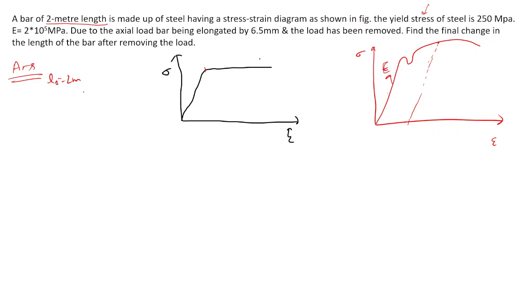Here it is given that the yield stress of the steel is 250 megapascal. This is the yield stress, so this will be 250 megapascal. And the Young's modulus is 2 into 10 to the power 5 megapascal.